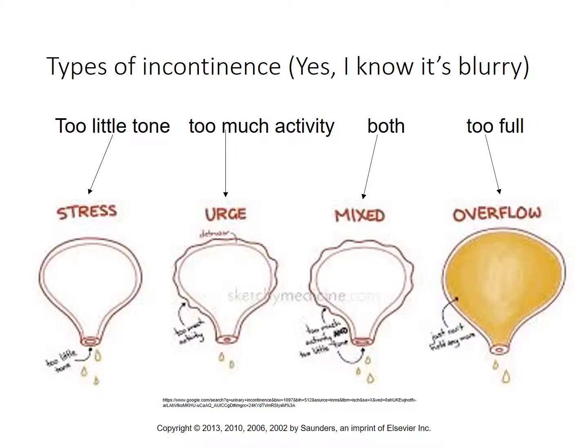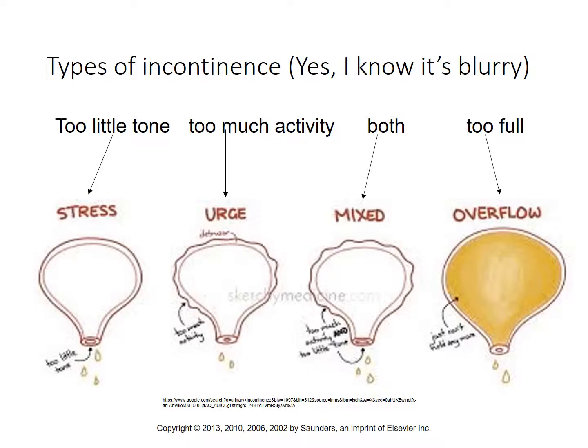I know it's a little bit blurry, but it's a great picture. A little overview: the bladder on the left is experiencing stress incontinence. There's too little tone, so there's a leakage. For urge incontinence, there's too much activity. The bladder is contracting and it's causing problems.